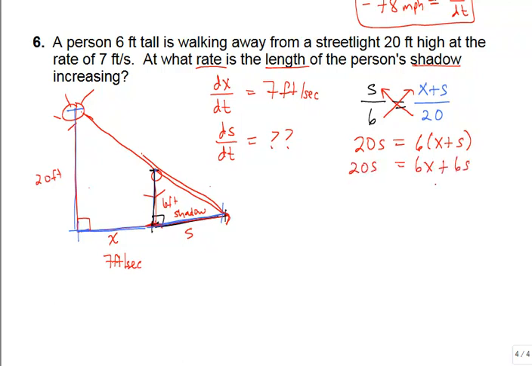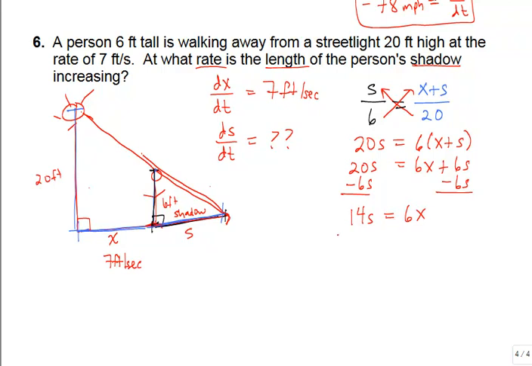That means we have some like terms, a couple of s's here, so let's get them together by subtracting. So 14s equals 6x. If you wanted, you could even divide through by 2 to reduce the numbers a little bit. That's up to you, but this is pretty simplified right now.